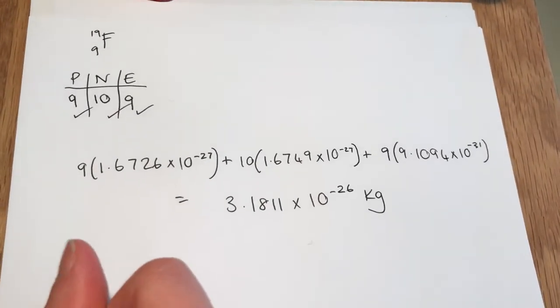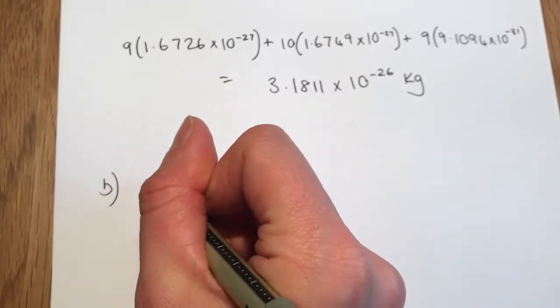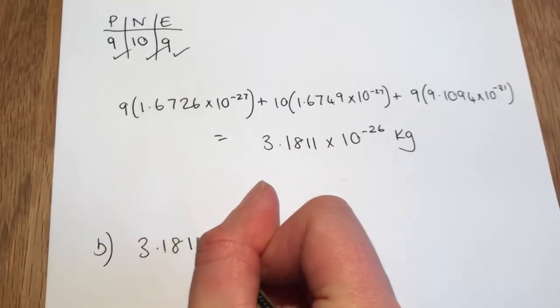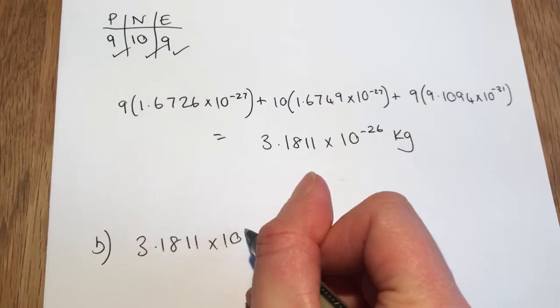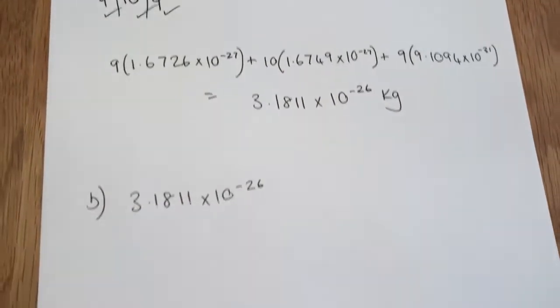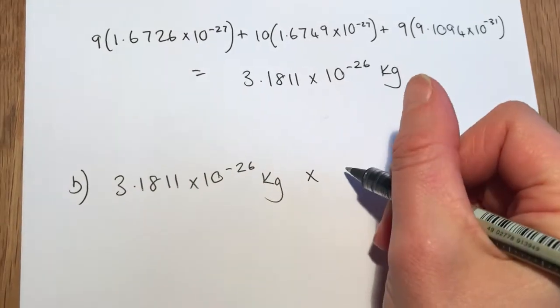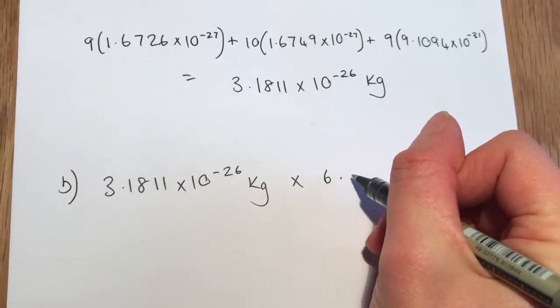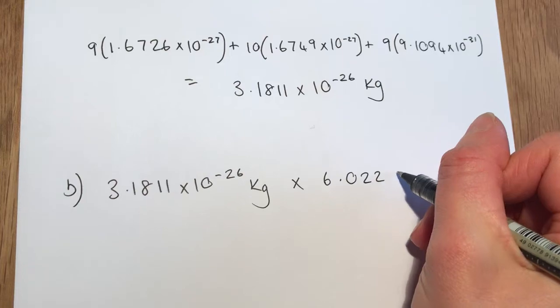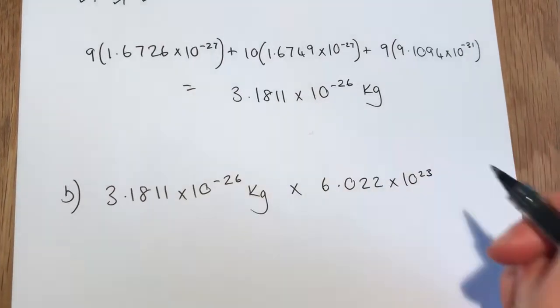All we've got to do for question B is take that 1 atom mass, which is tiny, and multiply it by Avogadro's number, which is 6.022 times 10 to the 23.